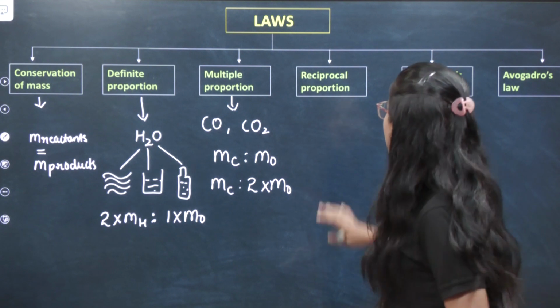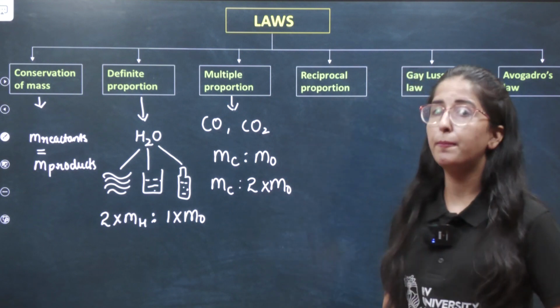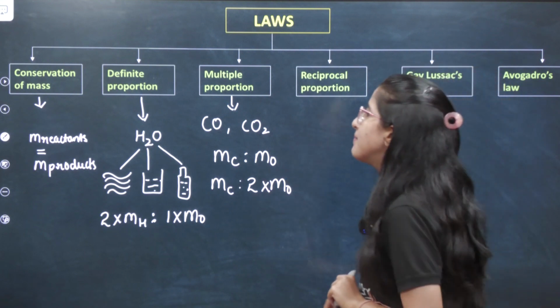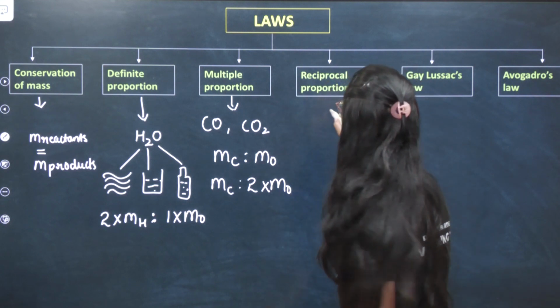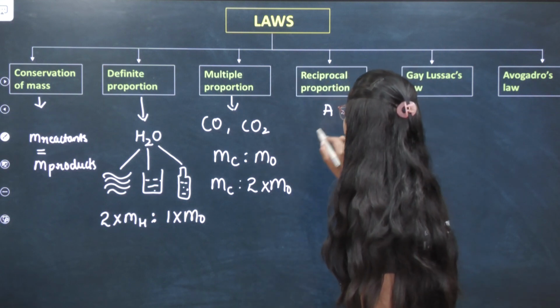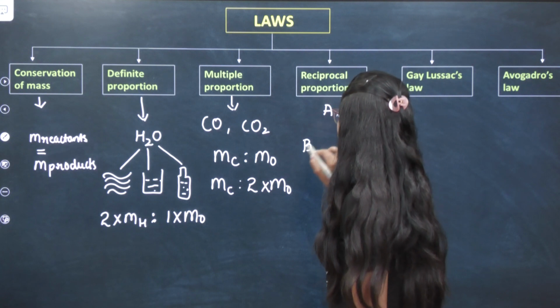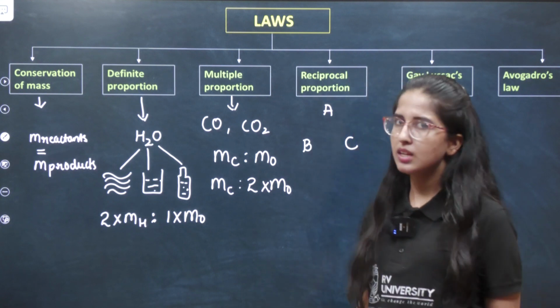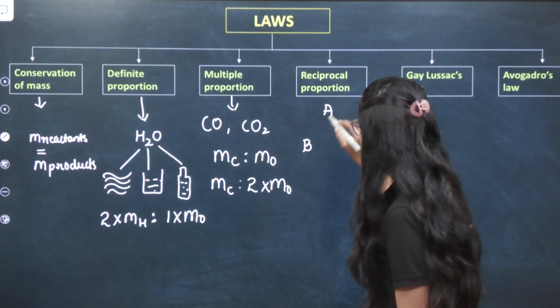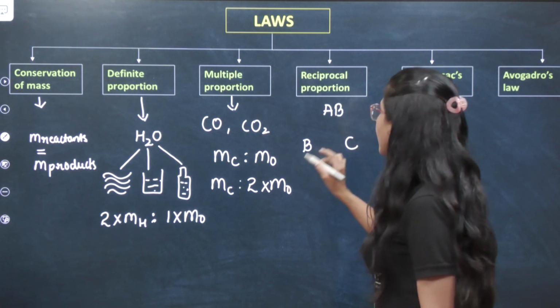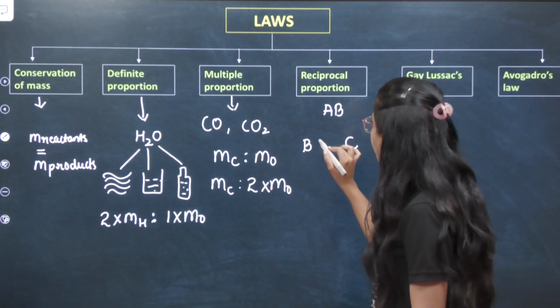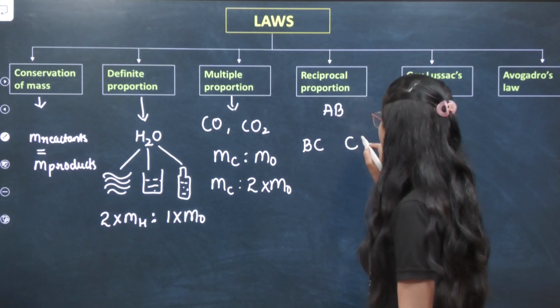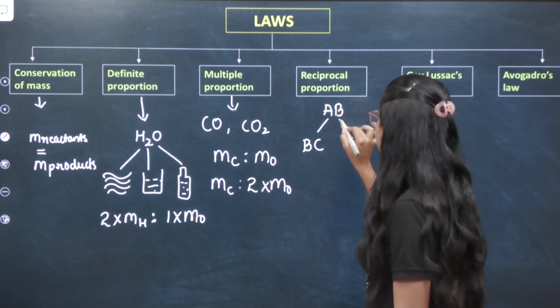Next, let us come to the law of reciprocal proportion. Just imagine you have A, B and C elements. Okay. So now A combines with B to form AB, B combines with C to form BC, C combines with A to form CA.